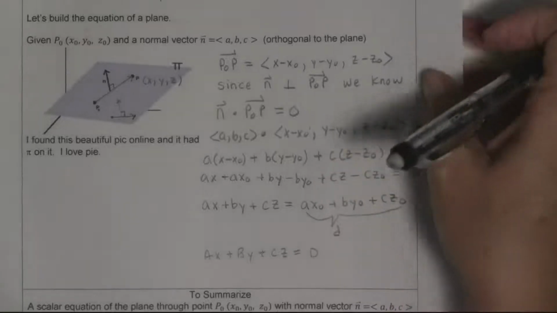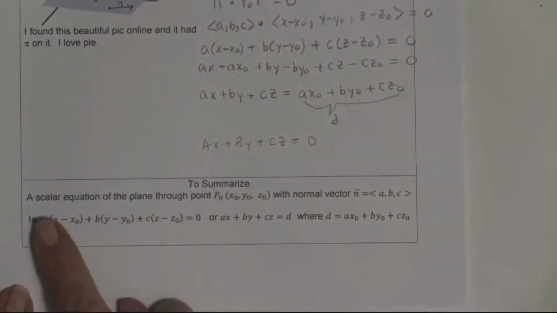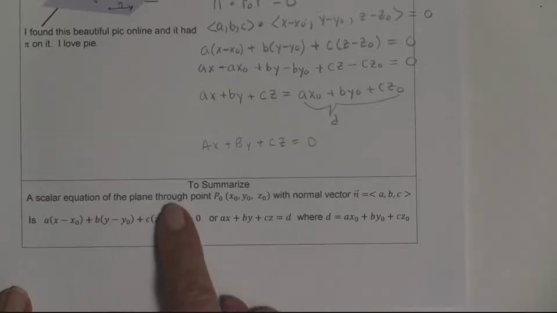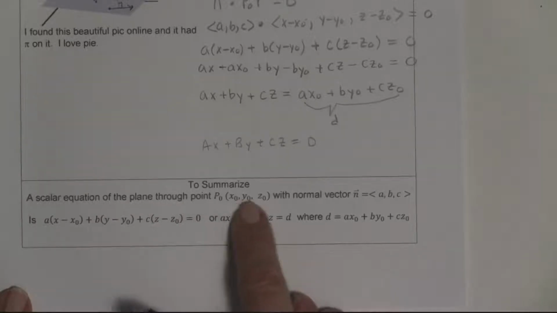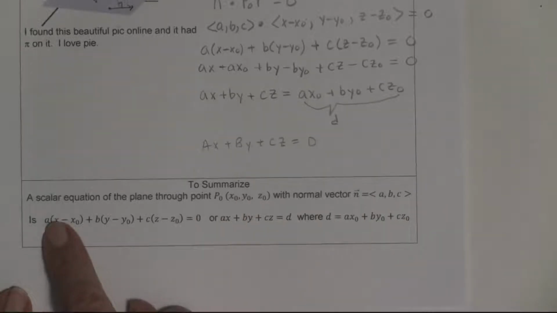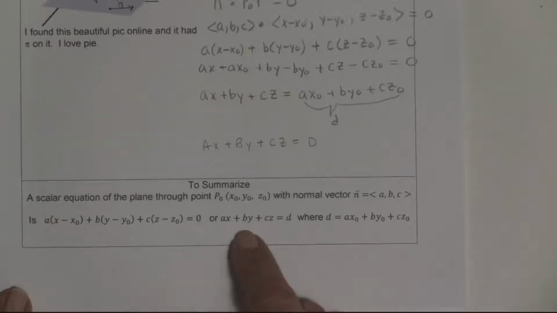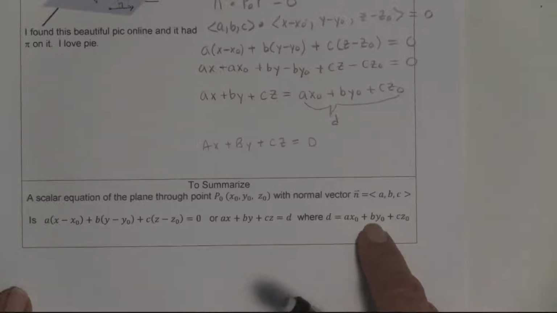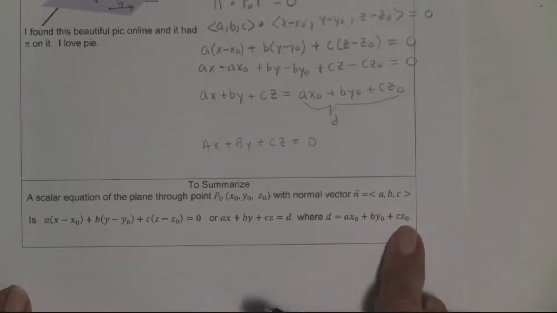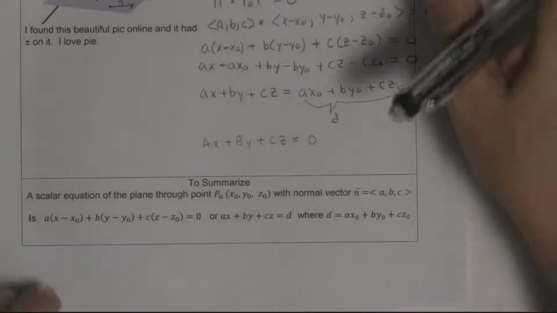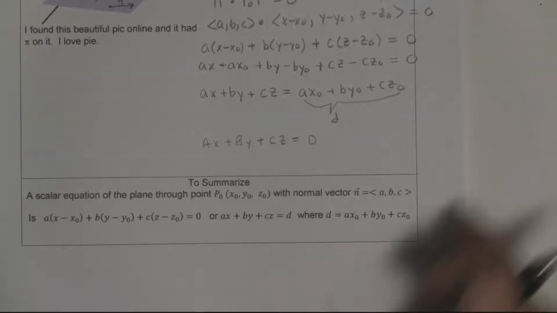I've just summarized that down here: a scalar equation of the plane through the point, this, with the normal vector, this, is given here, where d equals a x naught plus b y naught plus c z naught. Remember, this is the normal vector. So we're going to give a try to this and see how we do.